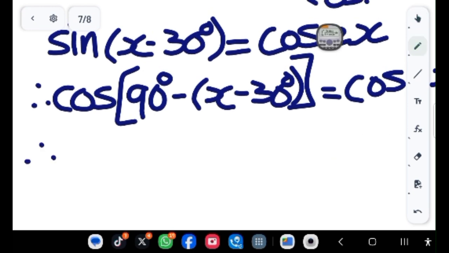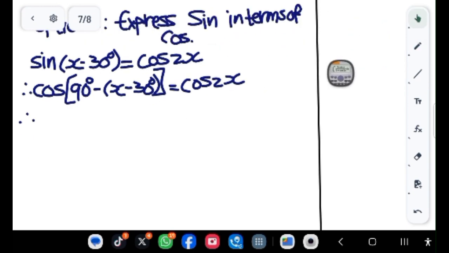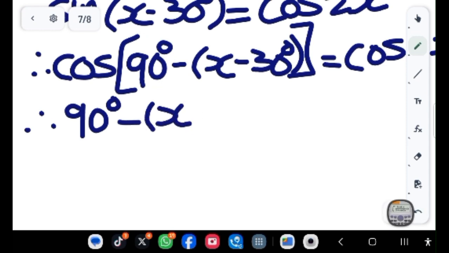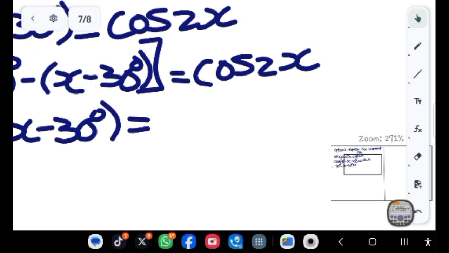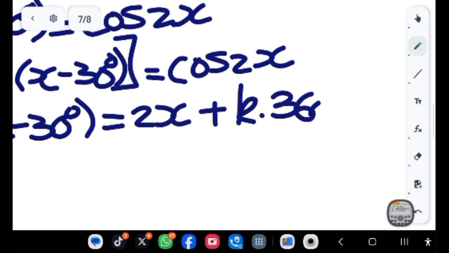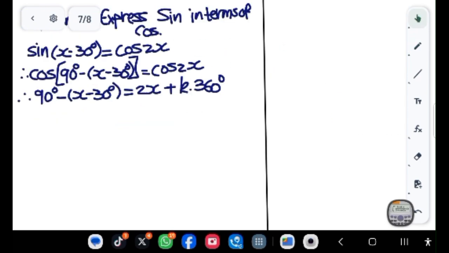Therefore, we've got the cos of one angle equal to the cos of another angle. That means the angles will be equal, so we end up with 90 degrees minus x minus 30 equals the angle on the right hand side, which is 2x, plus k times the period for cos, which is 360 degrees.